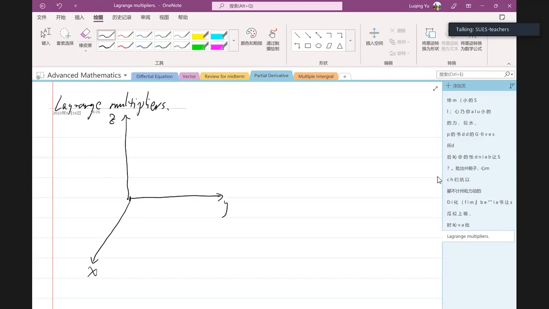So we will have a paraboloid here, f(x,y,z). Originally we know that the paraboloid has a local maximum. Here is the local maximum.